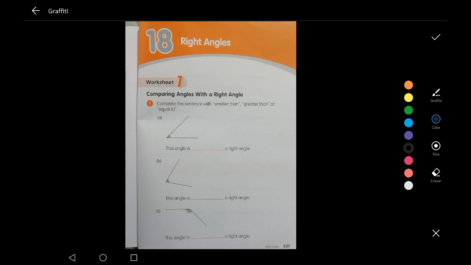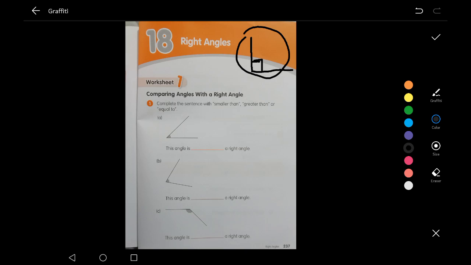So, as we learned before, a right angle is a line that is perpendicular to another line and it forms 90 degrees. So we are going to compare those angles with this right angle.